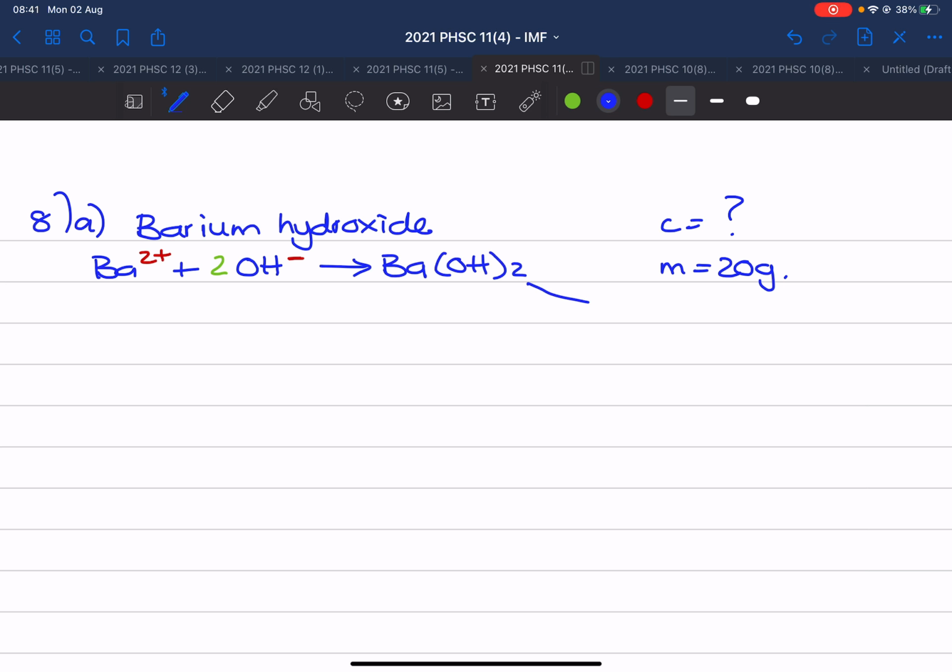Right, now if you have that, you can calculate the molar mass. Now I don't have my periodic table in front of me. So we need to get the molar mass for barium. Oxygen is there, and there's 2 of them, is 2 times 16 plus 1. I'm so sorry about that. I must get my periodic table somewhere.